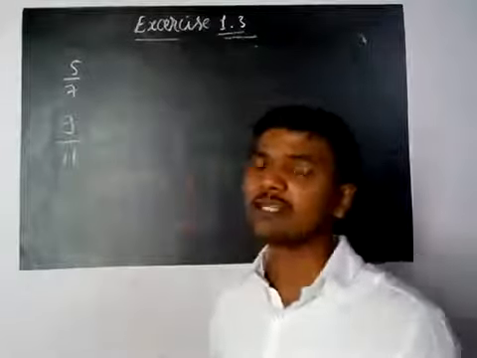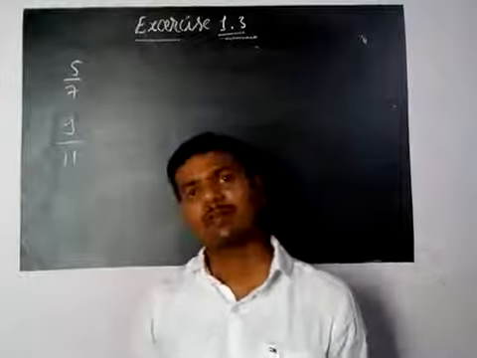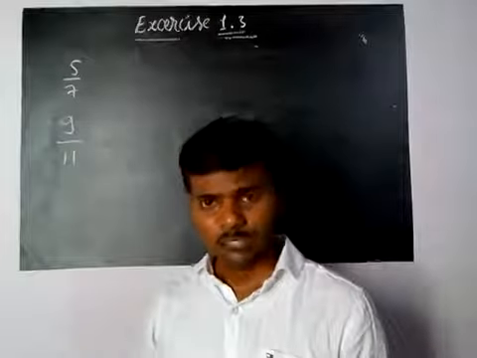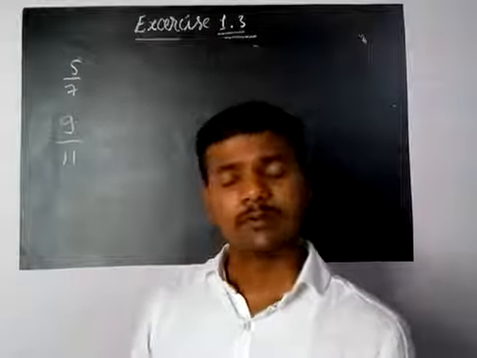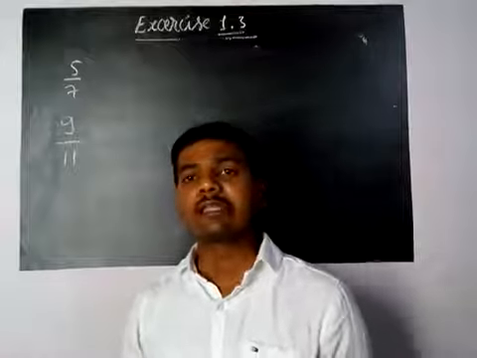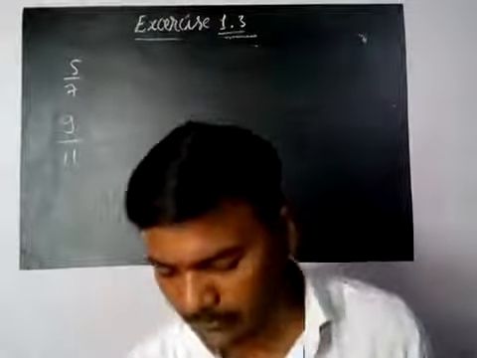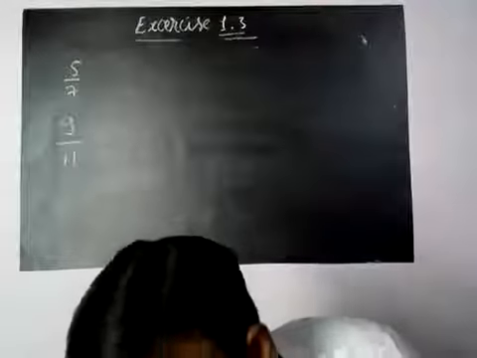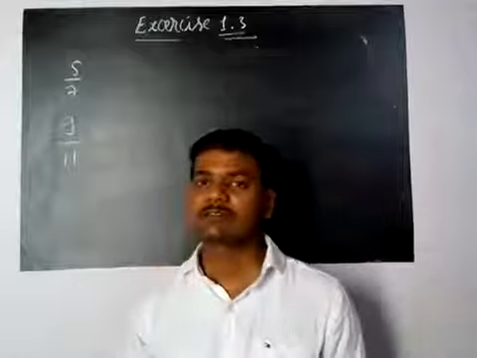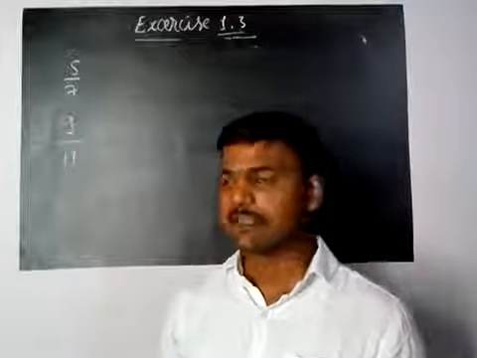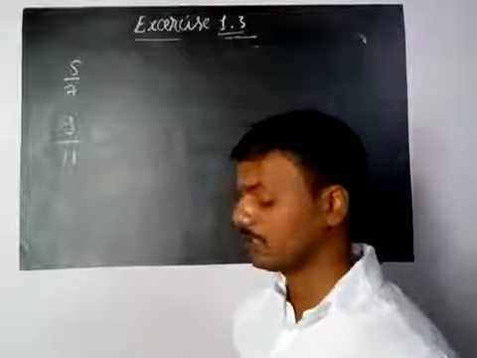As you know, between any 2 rational numbers there exist infinitely many rational numbers, and here also there exist infinitely many irrational numbers. Let me write decimal expansions of irrational numbers between 5 by 7 and 9 by 11.